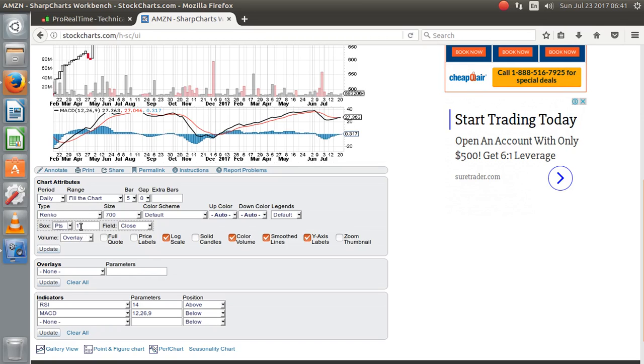The best to use, since you have the stock charts on your favor already, is to just go ahead and use the ATR 14 period. That way you can take into consideration the volatility in the stock itself. Let's click on update so we can see Amazon's Renko charts.